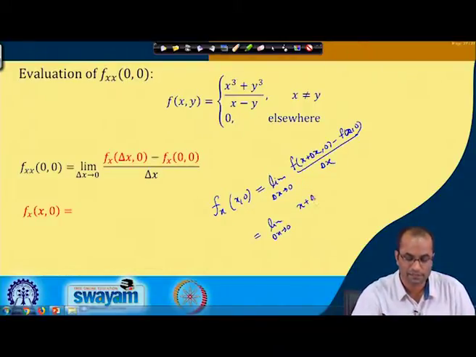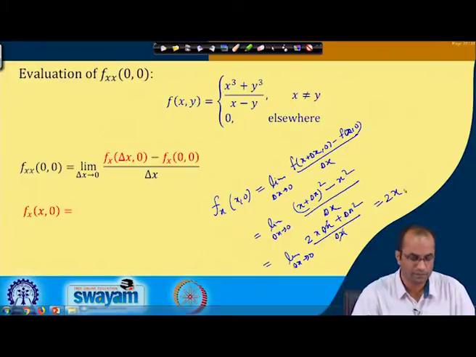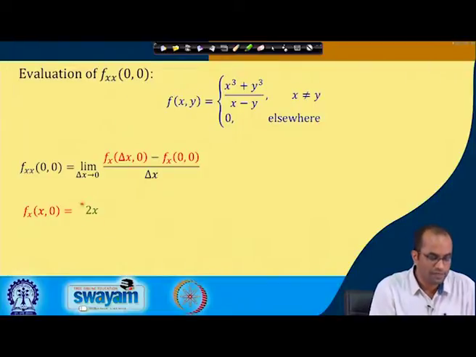That means (x plus Δx) whole square minus x square, divided by Δx. So, x square will cancel out, and we get 2x Δx plus Δx square divided by Δx, and this limit as Δx goes to 0 gives the result 2 times x.